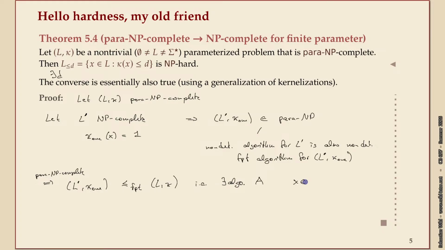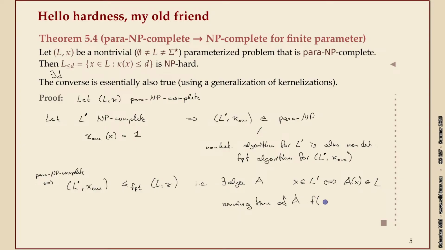So x is in L prime if and only if A of x is in L. That's the equivalence. And the running time of A has to be FPT in the input.